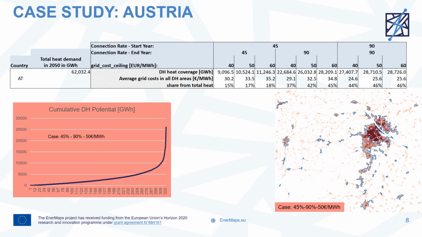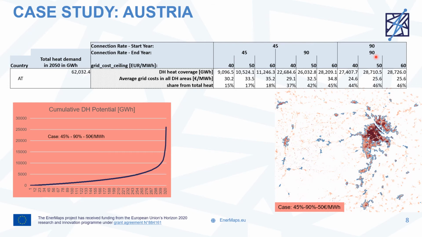In this slide, I brought up the case study of Austria, where I have calculated district heating potentials under different connection rates or market shares in the start and end year, as well as the grid cost ceiling. One clear output is that the district heating potential increases as we increase either the grid cost ceiling or the connection rate, whether in the start year or in the end year.